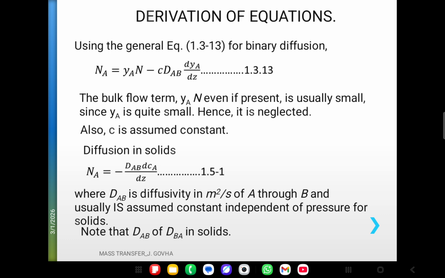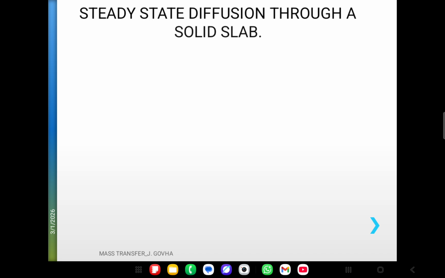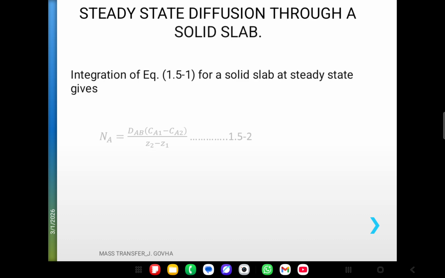So integrating the equation through the limits CA1 to CA2 and Z1 to Z2, we get this as the integrated form to get our flux.